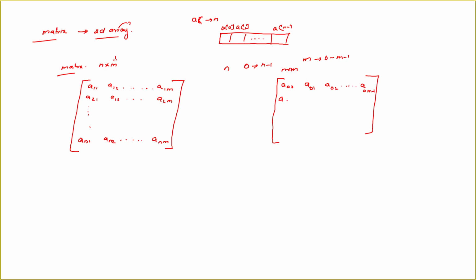Likewise, the next row will be a of 1 0, a of 1 1, a of 1 2, up to a of 1 m minus 1.